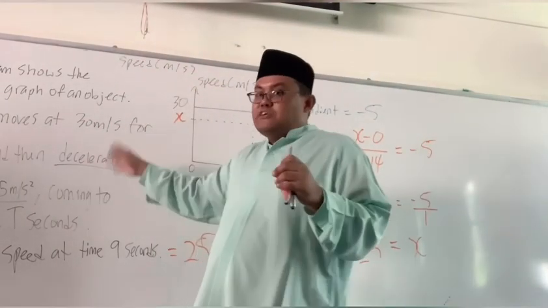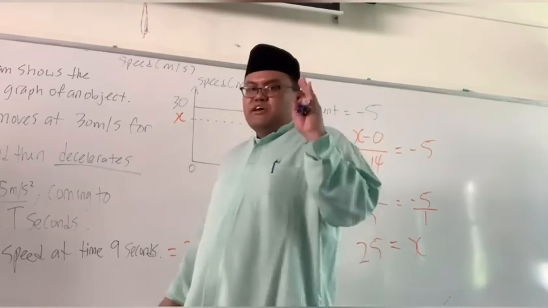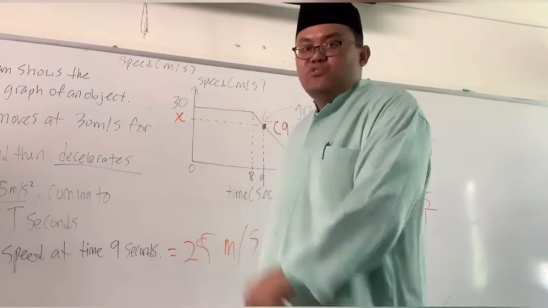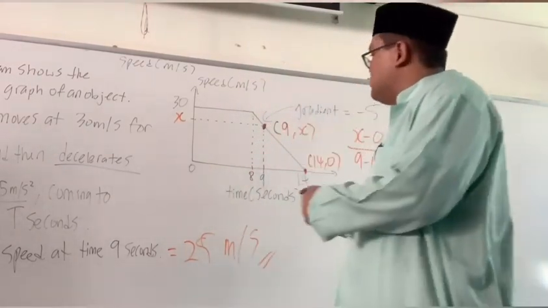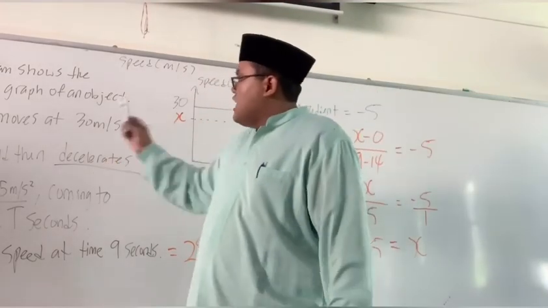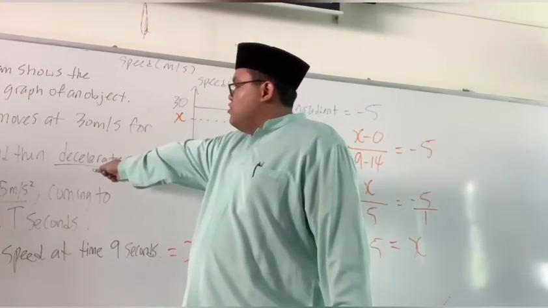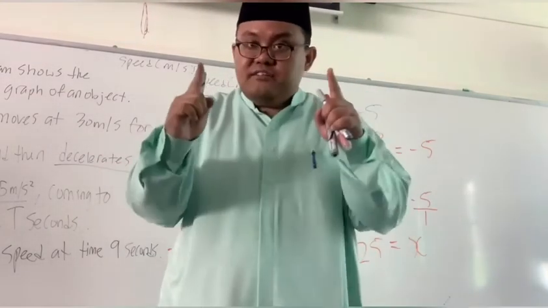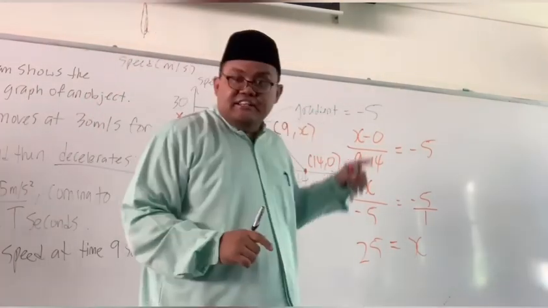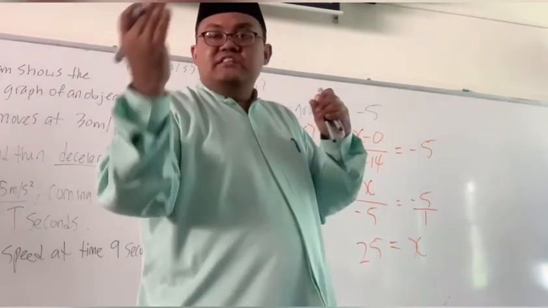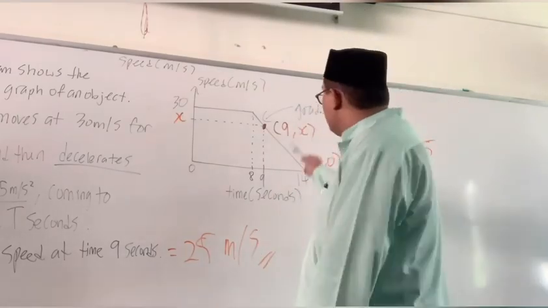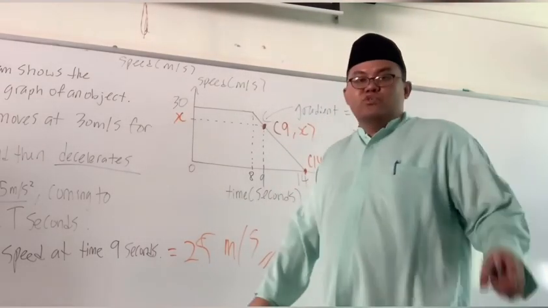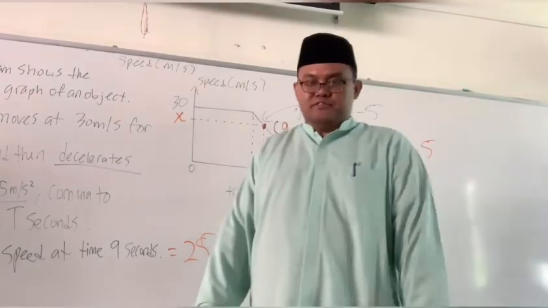The question will give you very useful data which you can use to form the equation. For this case, we use this information of deceleration. And don't forget, deceleration must be -5 because deceleration is the negative of acceleration. You can even look here, the line is going down, so it must have negative gradient. Alright?